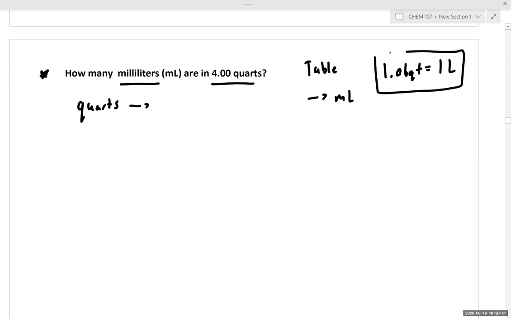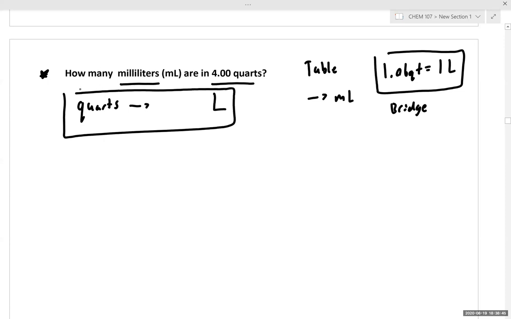This is what I like to call my bridge because it relates the English system to the metric system. And when you're doing English to metric conversions, you want to build your unit conversions around this bridging factor. So from quarts, we can go directly to liters, and we have that bridging conversion factor right here.